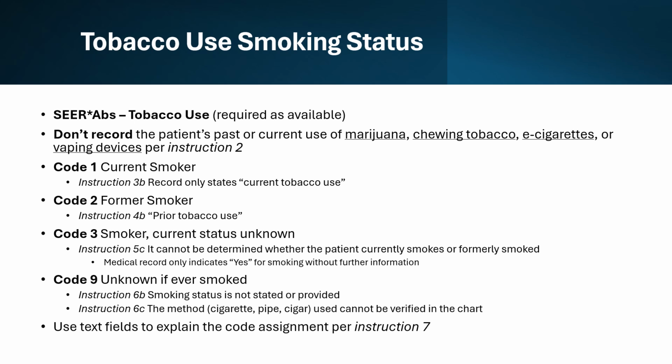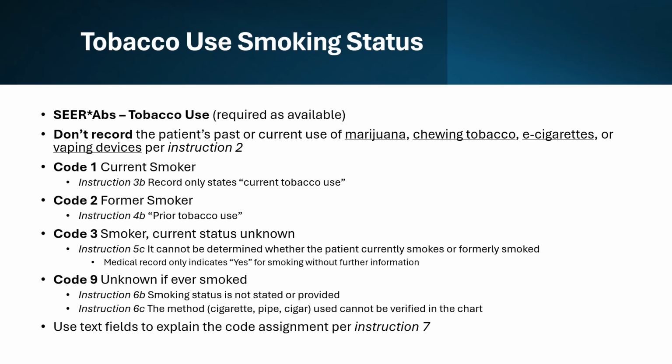Code 2. For Code 3, smoker, current status unknown, Instruction 5C has been included. It cannot be determined whether the patient currently smokes or formerly smokes. So the medical record only indicates a yes for smoking without further information.